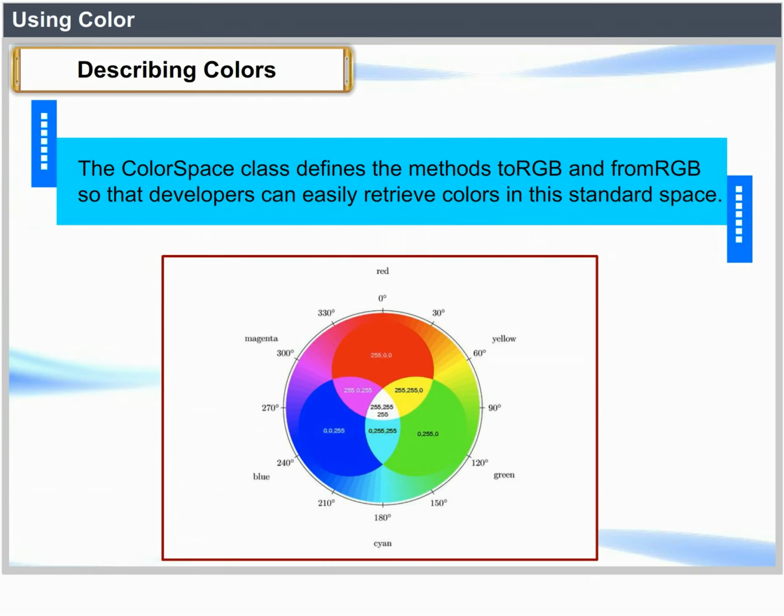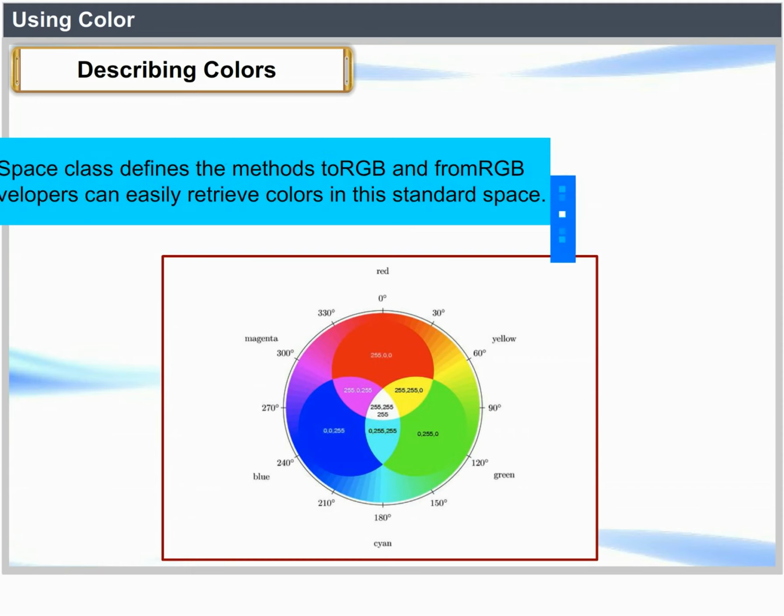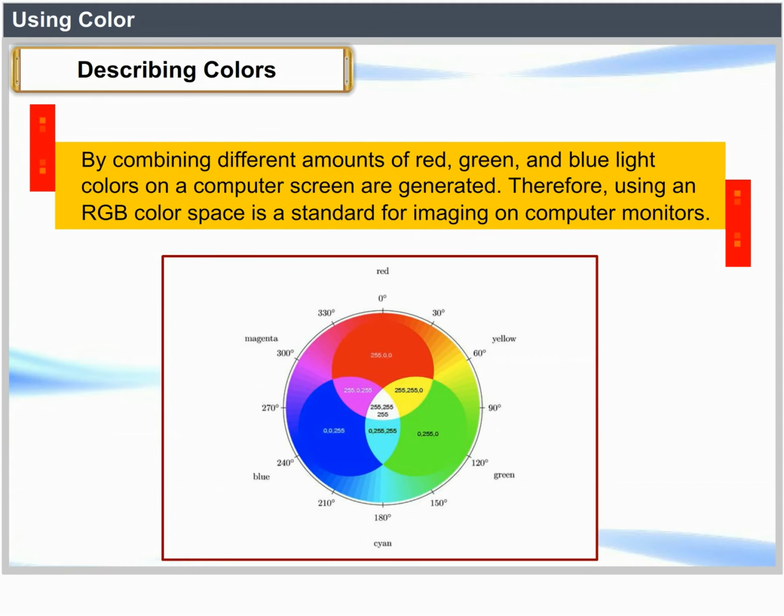The ColorSpace class defines the methods toRGB and fromRGB so that developers can easily retrieve colors in this standard space. By combining different amounts of red, green and blue light, colors on a computer screen are generated. Therefore, using an RGB color space is the standard for imaging on computer monitors.